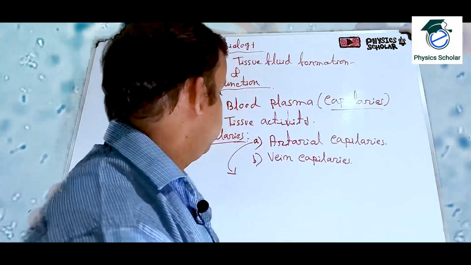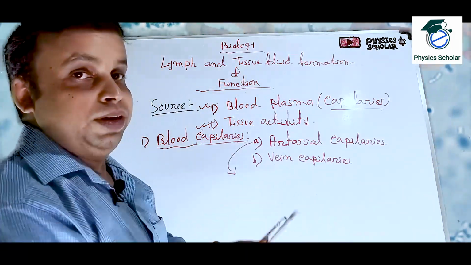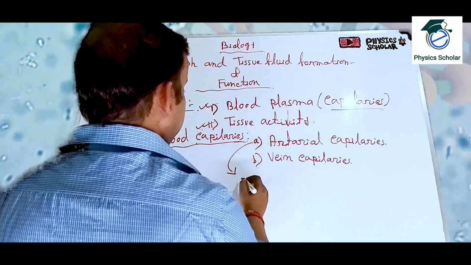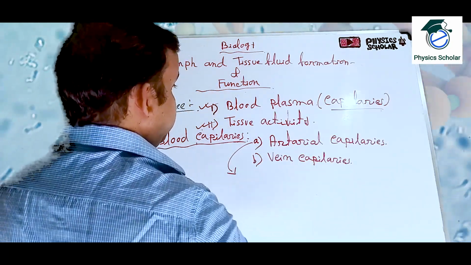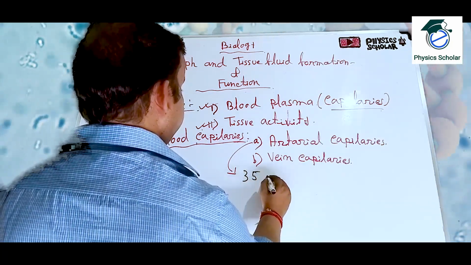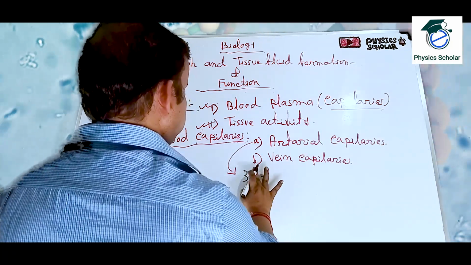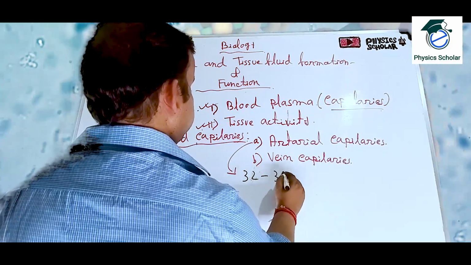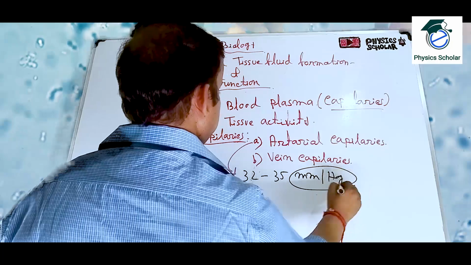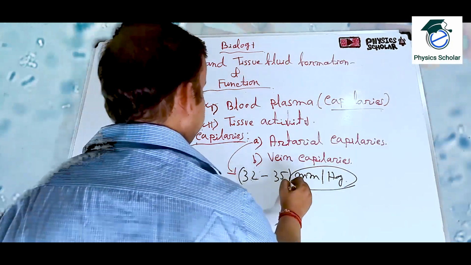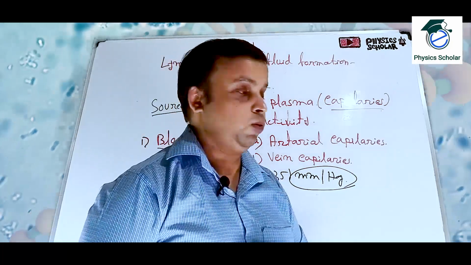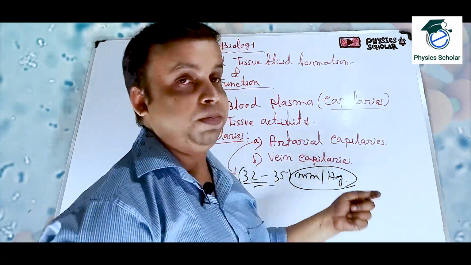When the heart is in systole condition, the blood pressure will be high. So when the blood comes into the arterial capillaries, the pressure will be almost 32 to 35 mm of Hg.